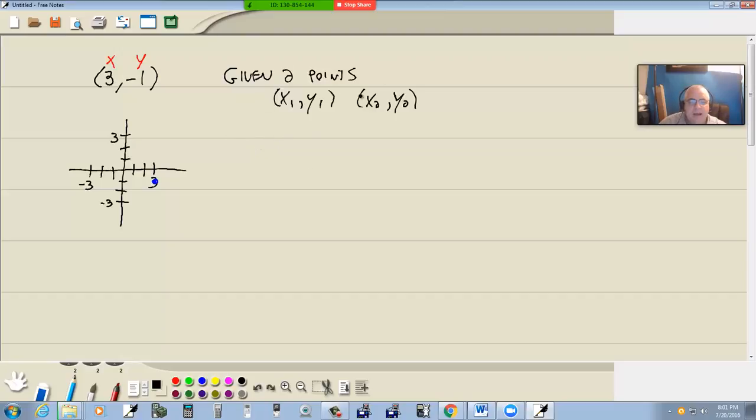Now after we have the points, let's take a look at the midpoint formula first. Our midpoint formula says M is equal to (x1 plus x2) divided by 2, and (y1 plus y2) divided by 2.